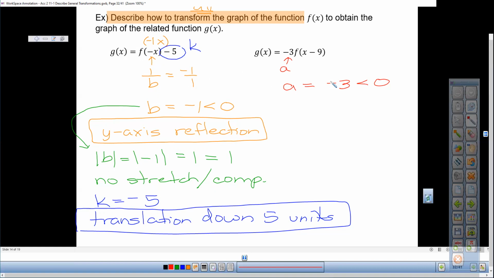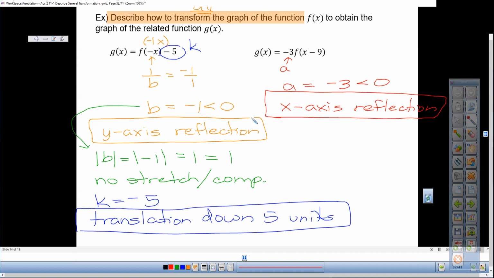We have to know the type of reflection that goes with A is our x-axis reflection. And you have that in your notes. If you're not sure, keep checking so that eventually it will stick in your head.